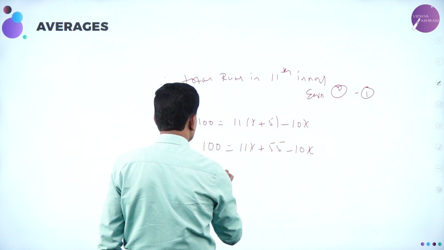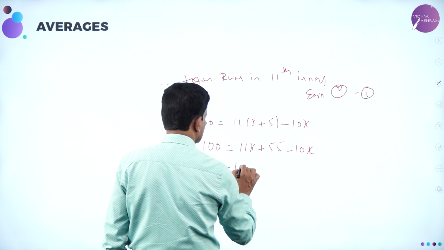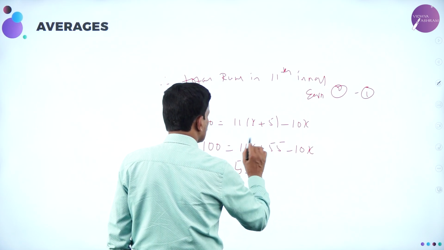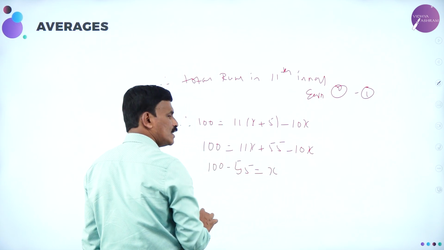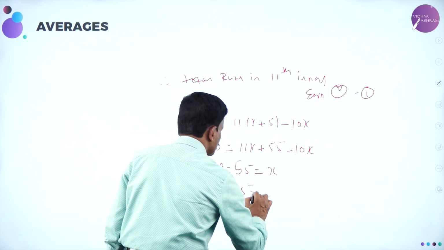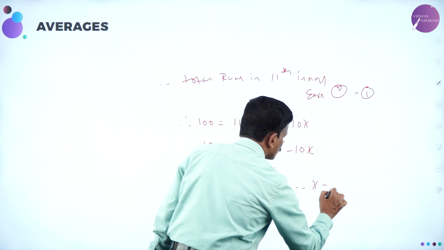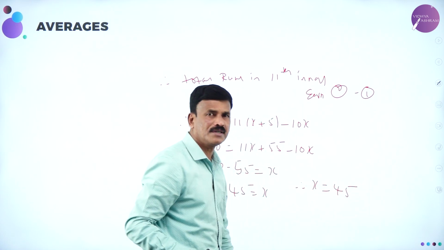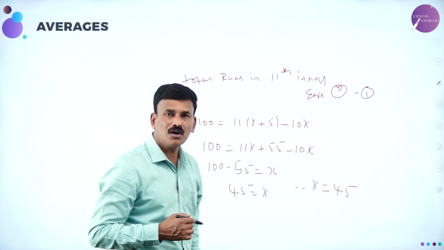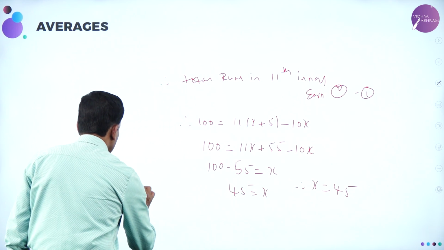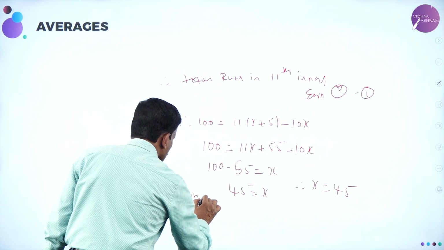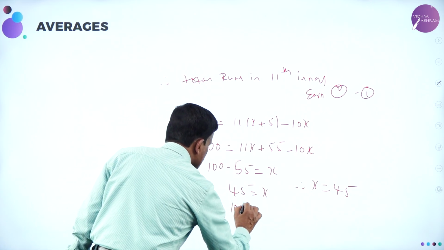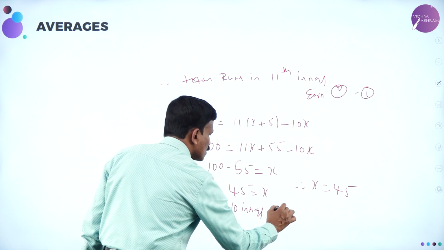That is, 100 minus 55 is equal to 11x minus 10x, which is 1x. So, 100 minus 55 is 45, equal to x. Therefore, x is equal to 45. Okay. Now, this is the average runs in 10 innings, which is 45.